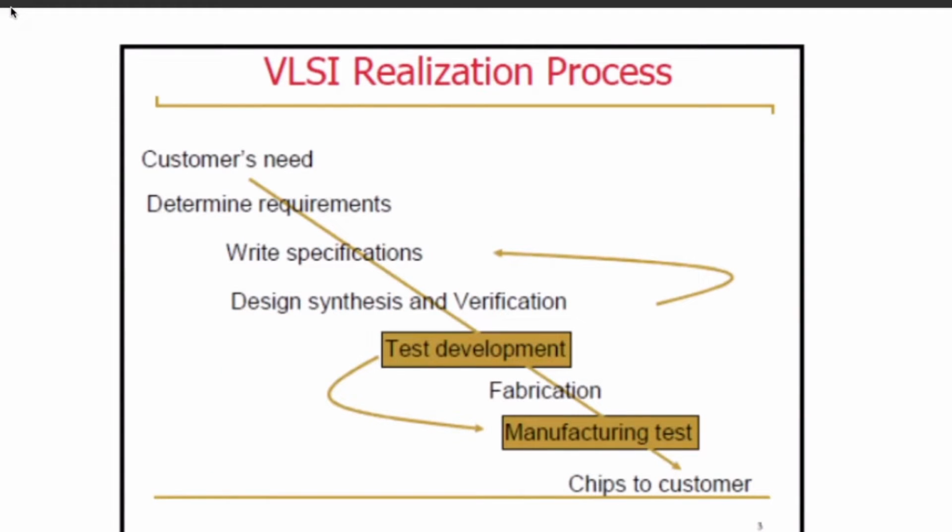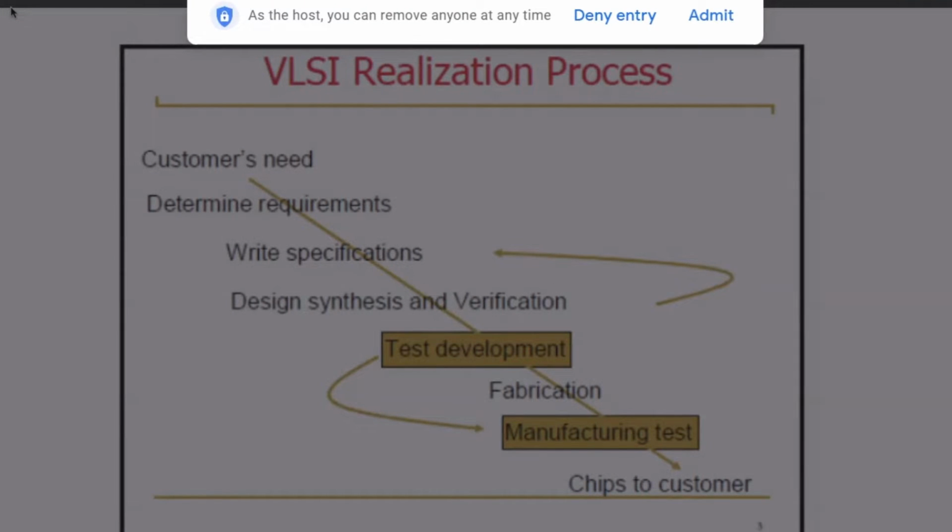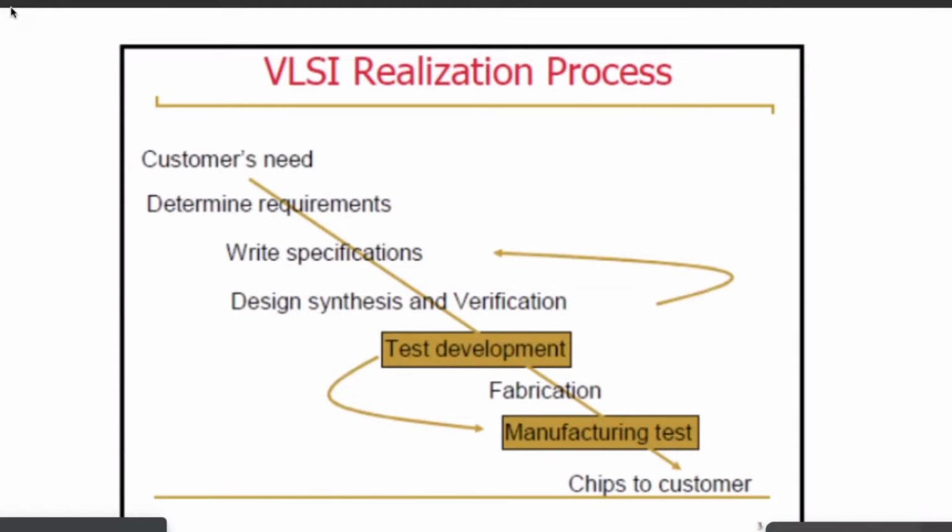So first, while introducing this course, I would like to remind you of the VLSI realization process. In the VLSI realization process, we start from the customer's need, finalize it into a product, and deliver that product to the real customer.